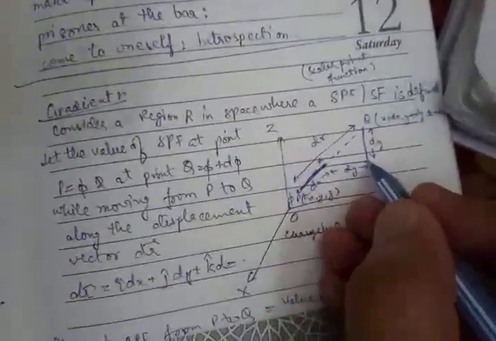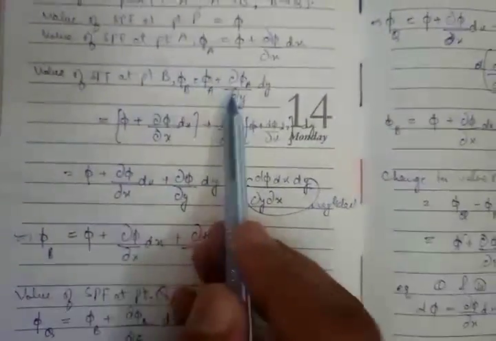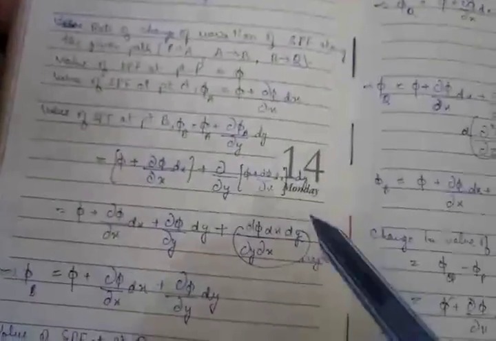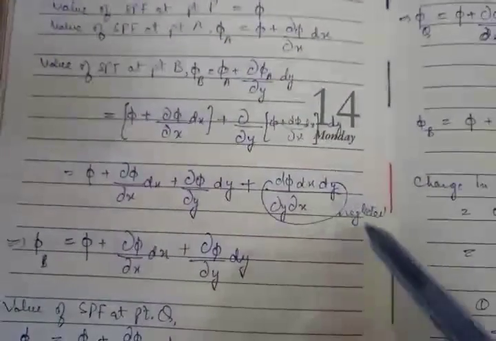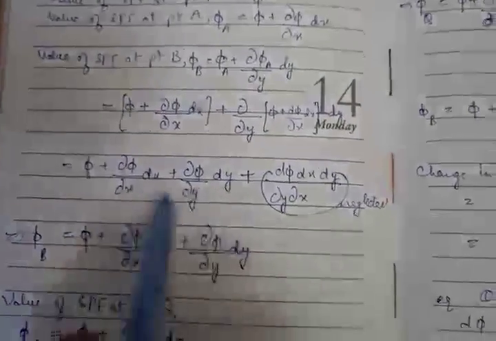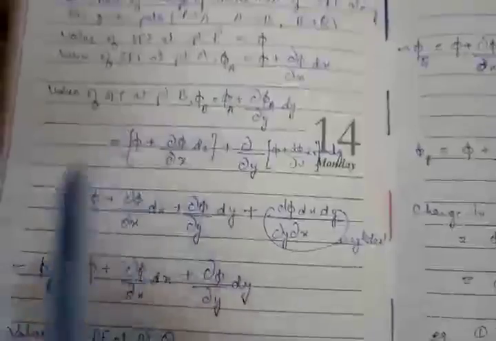So the value of the scalar point function at B will be phi A plus d phi A by dy into dy. This is the value of the scalar point function at B. After solving it, you can see it. We have neglected some terms which are very small, and we get this term. It is easy, you can solve it.